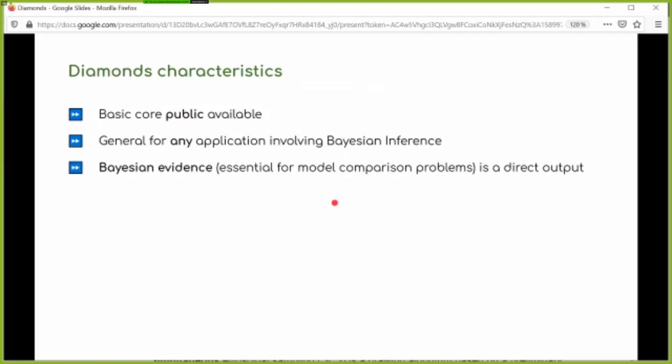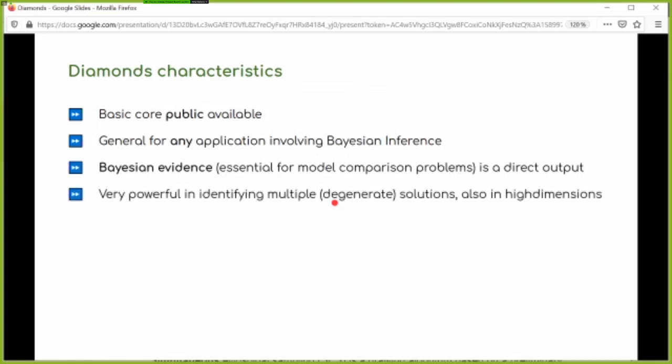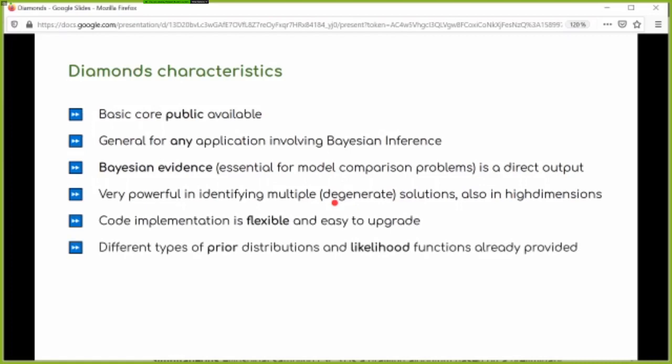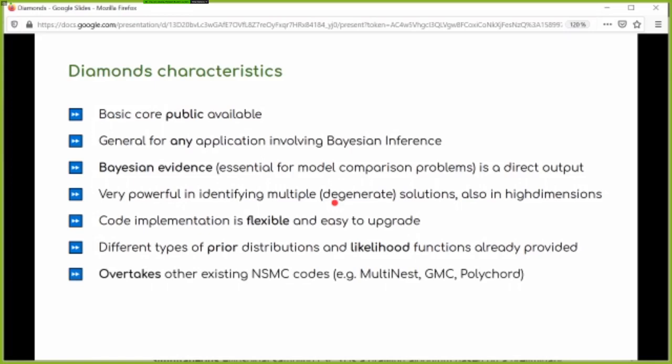It is very powerful in identifying multiple degenerate solutions, also in high dimension. Its code implementation is flexible and easy to upgrade. It has different types of prior distributions and likelihood functions already provided, and it overtakes existing nested sampling Monte Carlo codes, like the MultiNest code, which is the ancestor of Diamonds and was written in Fortran.